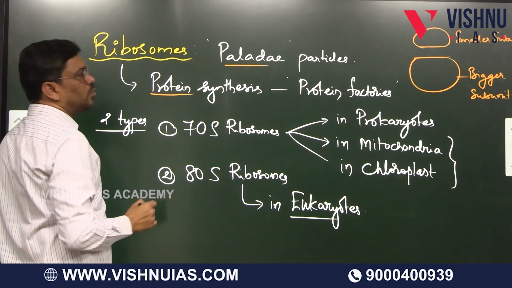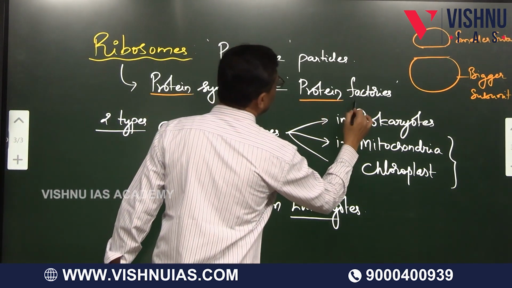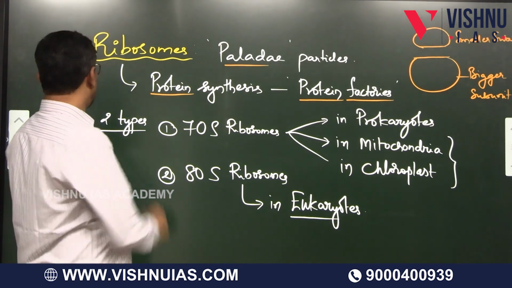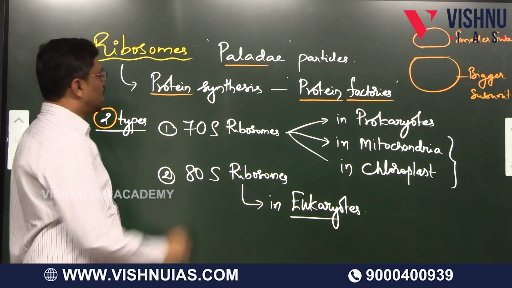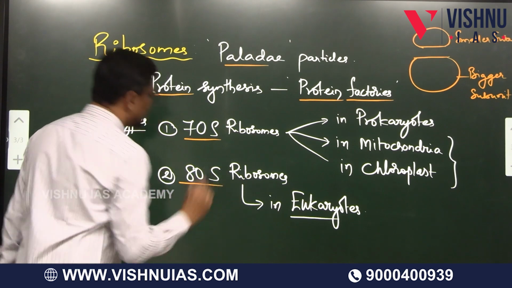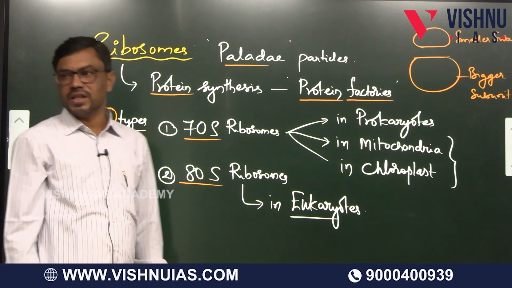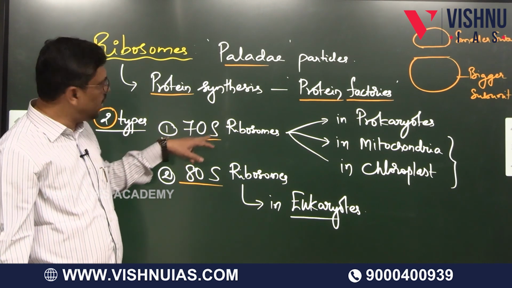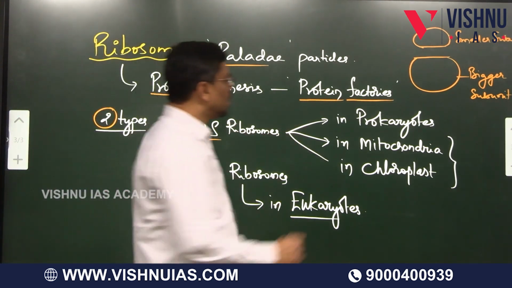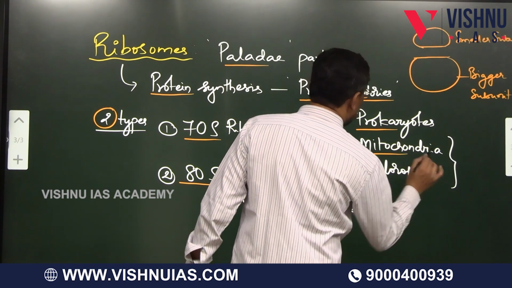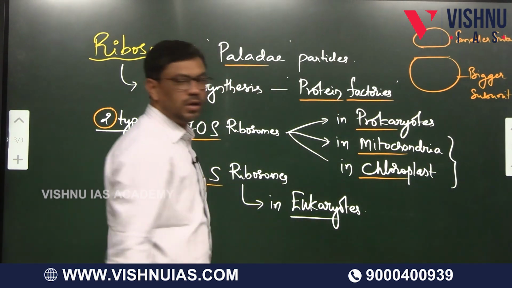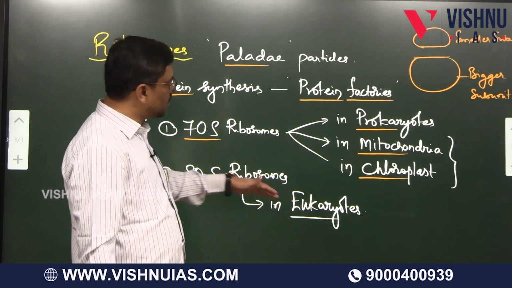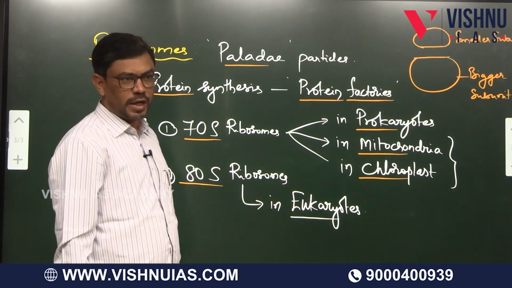They mainly involve in protein synthesis, so they are called protein factories. There are two types of ribosomes, 70S and 80S type. 70S type of ribosomes are present in prokaryotes, mitochondria and chloroplast of the eukaryotic organisms, whereas 80S type of ribosomes are present in eukaryotes.